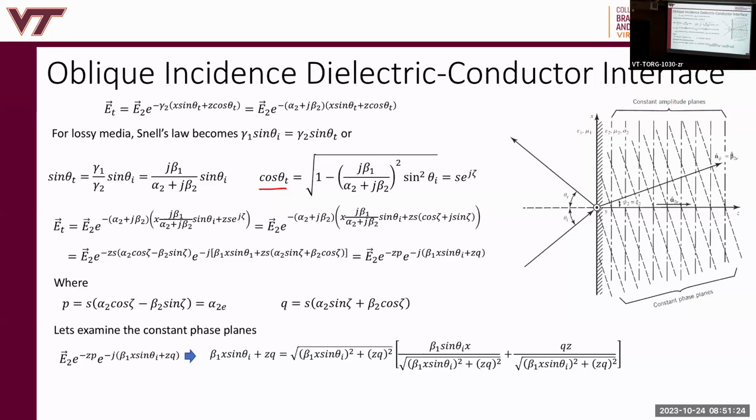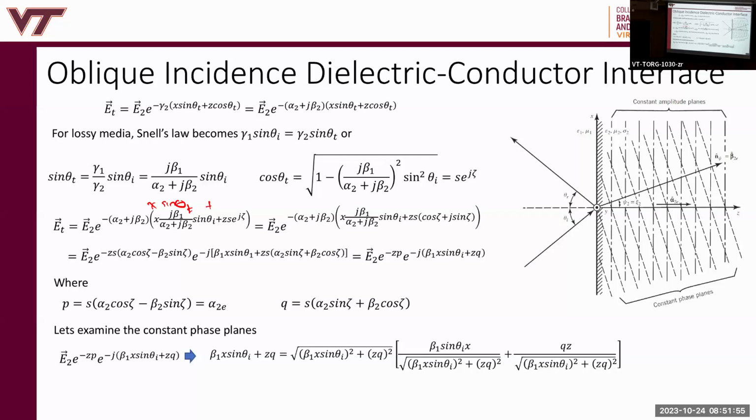All right. Then we write the transmitted electric field as some vector form. It might have perpendicular or parallel components, E2. We have e to the minus alpha 2 plus j beta 2. And then we have cosine of theta transmitted, right? Or no, we have sine of theta transmitted x. All right. So it's the same expression, right? So this is x, sine of theta transmitted.